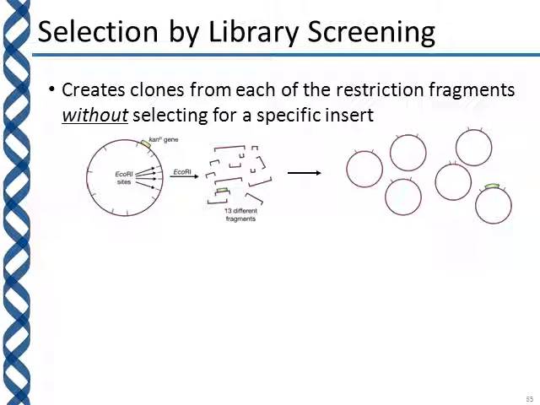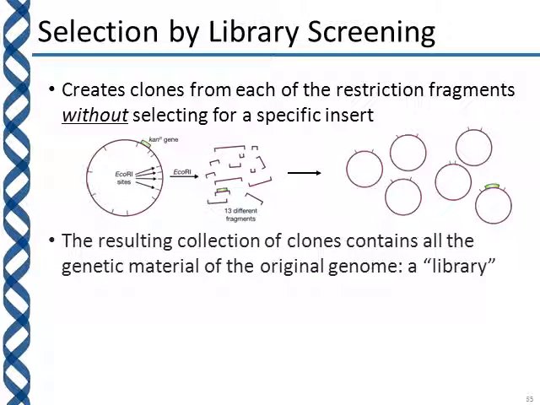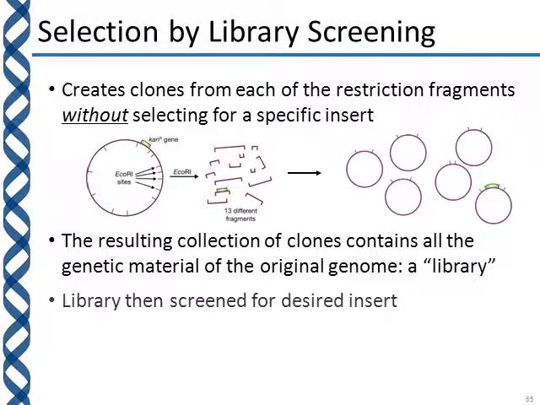These fragments are then cloned into plasmids. The resulting collection of clones containing all of the genetic material from the original genome is called a library. The library is then screened for the desired insert.